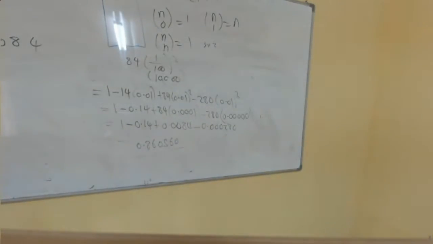So adding the negative ones, it's like saying 0.000280 and 0.14. Okay, and this ends up being 0.14028, but without the negative sign, because you're dealing with negative values.